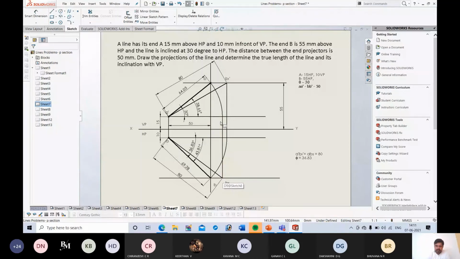So in this problem, we know the true length of point A of the true length line.